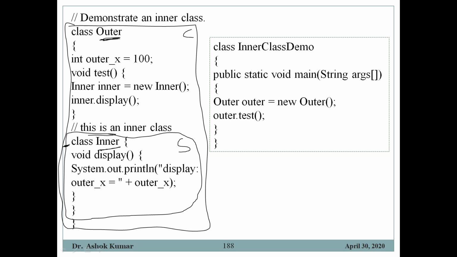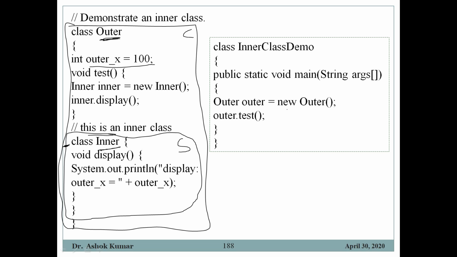There are some methods and members in the outer class. One is the instance variable outer x, the other is a method test. When you run this, if you want to access the test method of this outer class, you have to create the object.